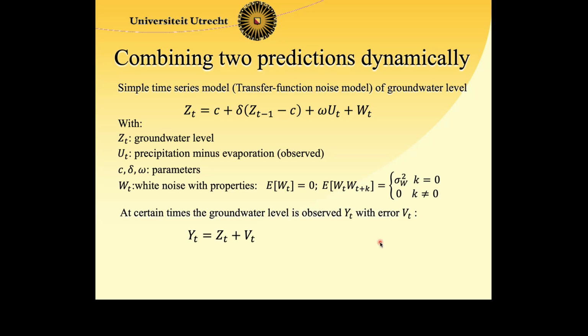And we can use this to interpolate or predict forward in time what the water table is going to be. Now, at a certain time, we also can have an observation of Z. Now, this observation is not without error. If you measure a groundwater level with a traditional apparatus, you have this little piece of metal which is hollow inside. It's connected to a tape measure. You just let it slide into the tube until you hear a plop.